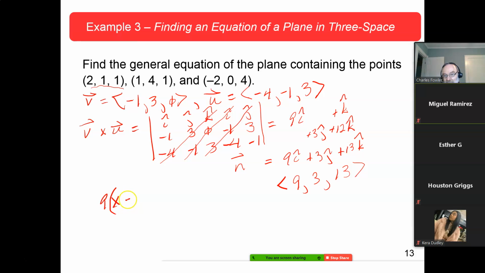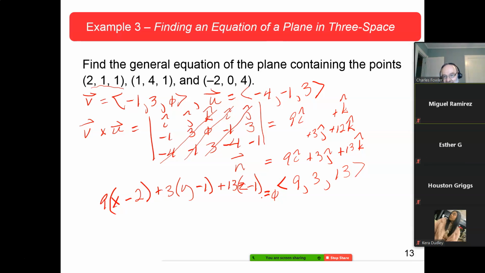So that'd be minus 2, plus 3 times y minus 1, plus 13, that's your c, times z minus 1. And that's equal to 0.